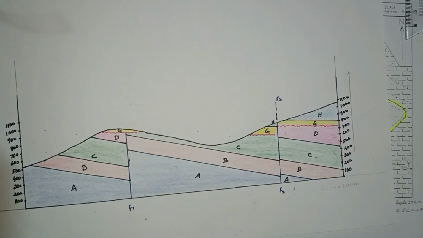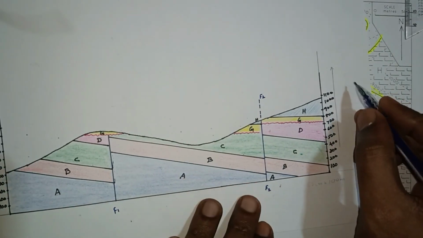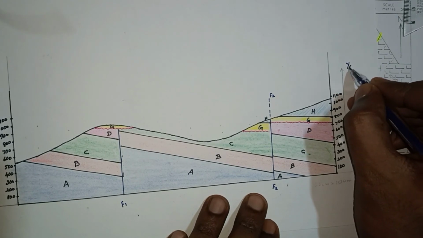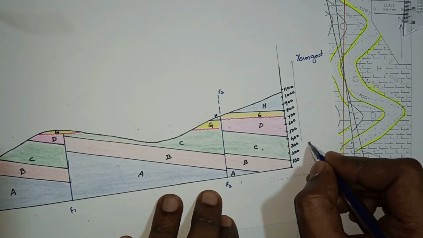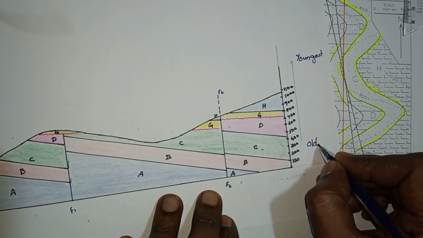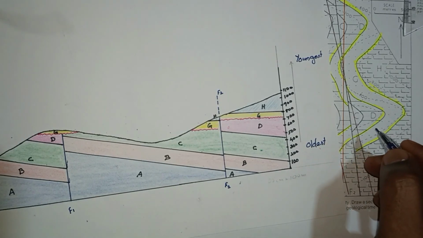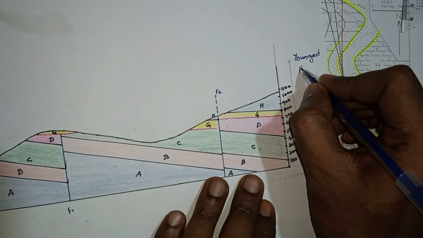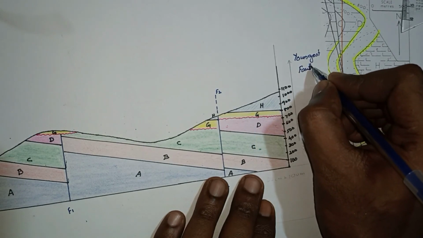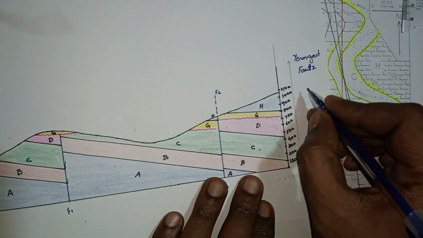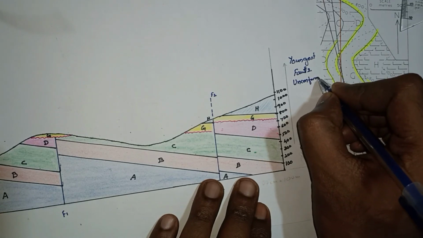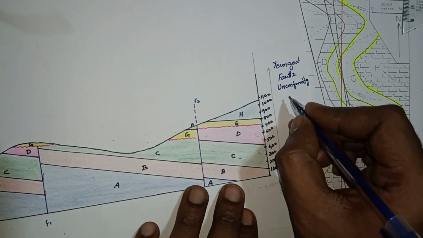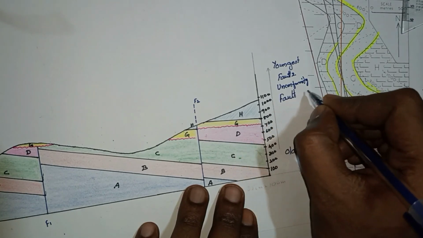Now you have to write the geological history here. Youngest and oldest. Fault 2, that is the youngest one. Next is the unconformity. Next, fault 1.